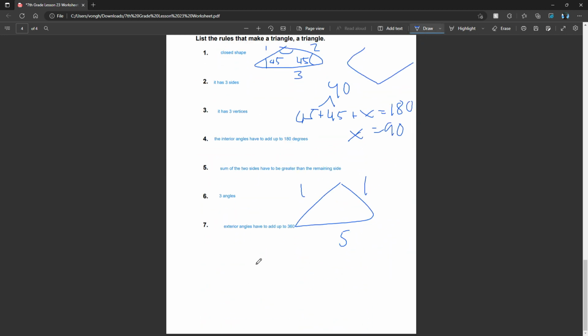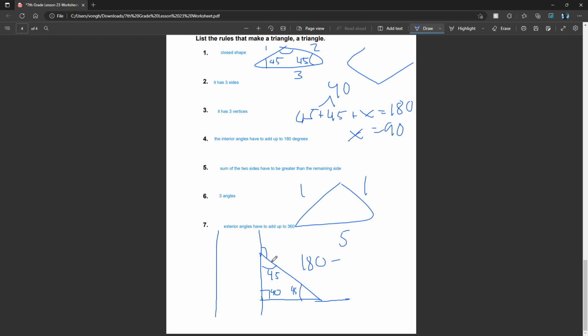Let's draw a triangle like this. Say this is 45, 45, and this is going to be 90 because it's perpendicular. If you extend these lines right here, let's find this angle. You do 180 minus that, because 180 is just a flat line.